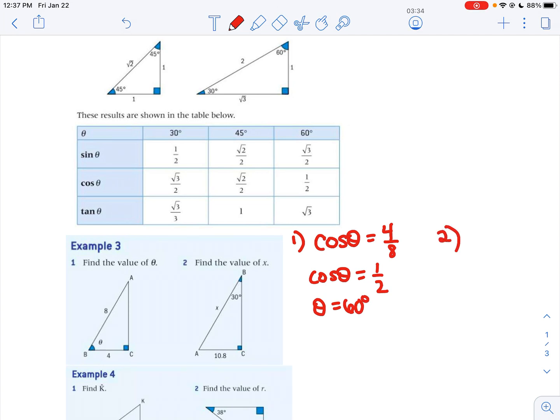Number 2. Let's look at what you're given here. I have the angle, I have the opposite, and x is the hypotenuse. So which trig function out of sine, cosine, tangent is opposite over hypotenuse? Well, that would be the sine function.